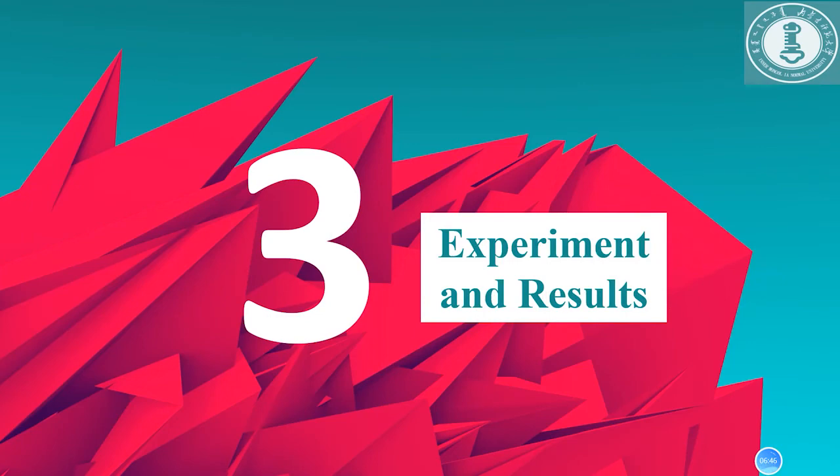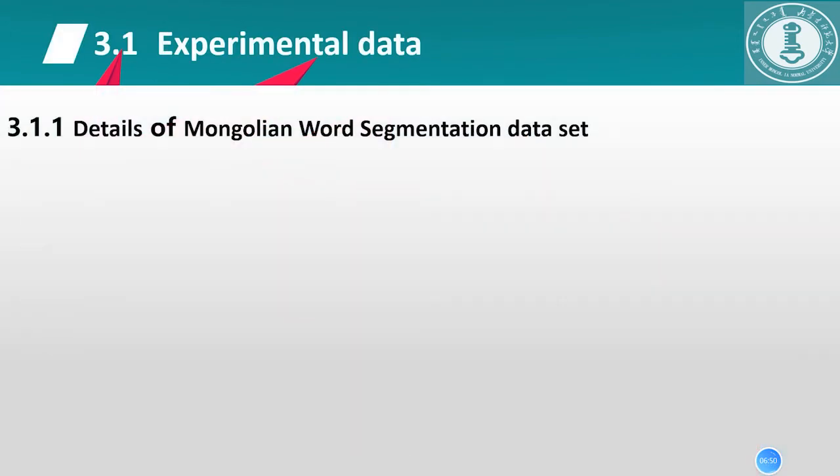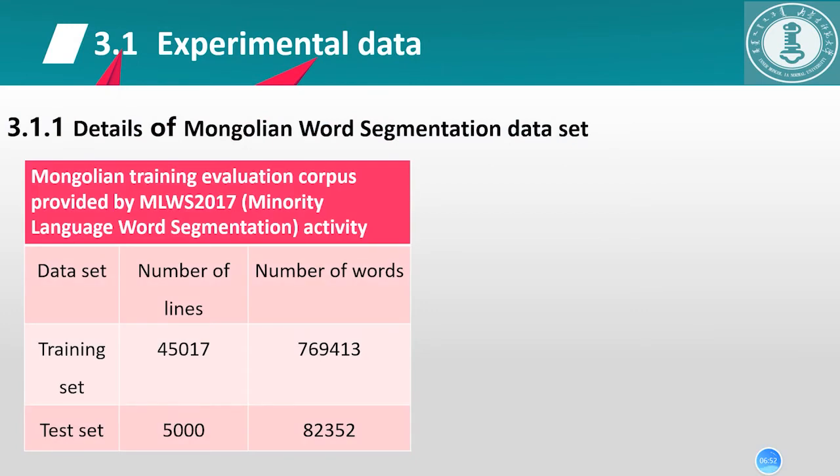The third part is the experiment and results. The data set used in the experiment is a corpus provided by the Minority Language Word Segmentation 2017 activity.